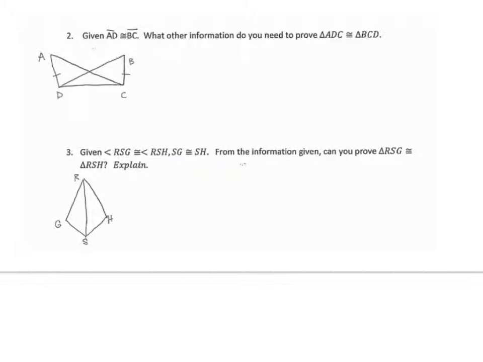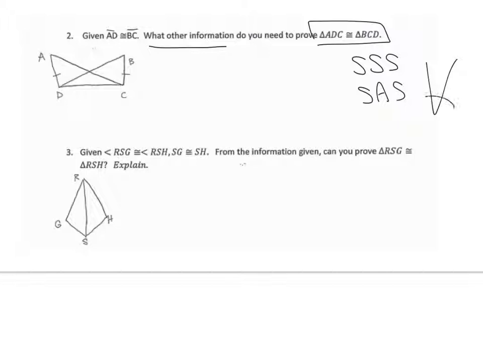Okay, so this is not a proof, but I'm just going to kind of walk through it. Given that AD is congruent to BC, which we have already marked, what other information do you need to prove that these two triangles are congruent? So it looks like I just have two sides that are in common right here. But remember, I need to either have side, side, side, or side, angle, side, where the angle is between the two sides.